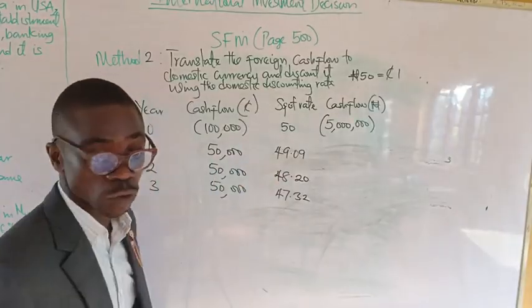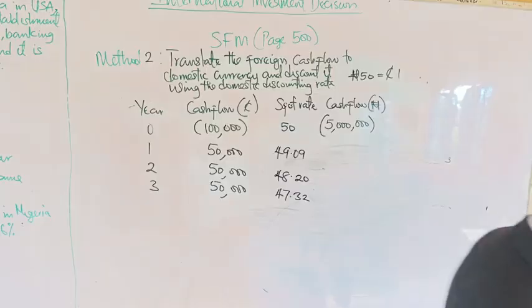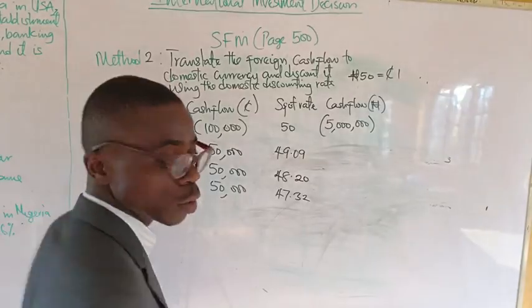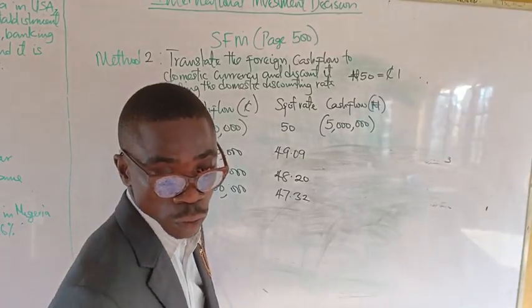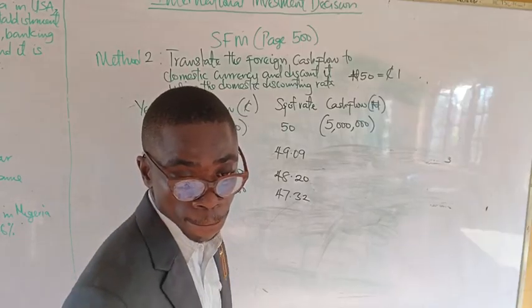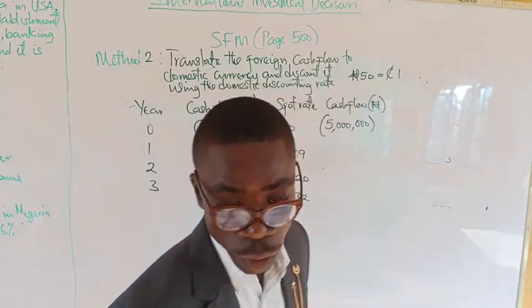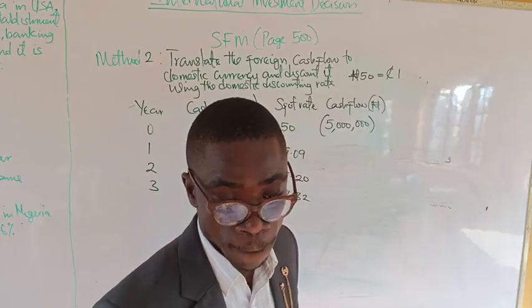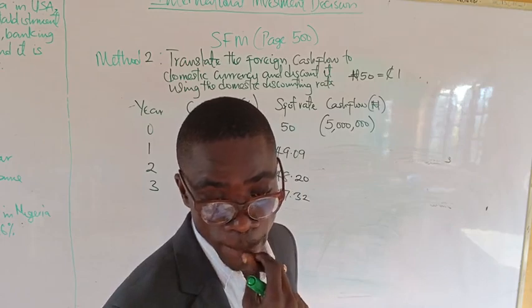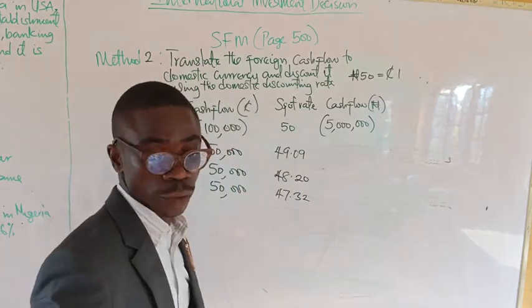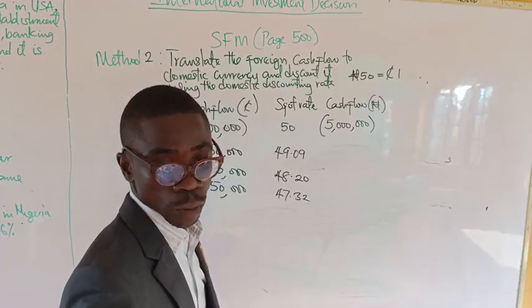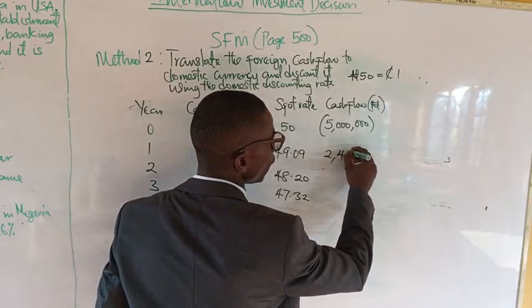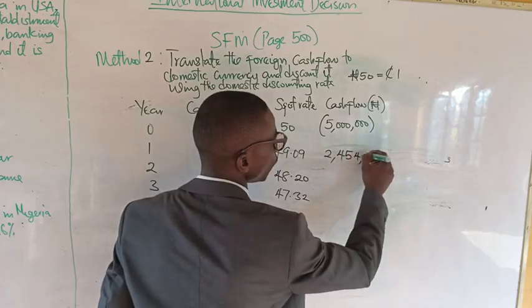So this time this will give us what? 2 million 4 5 500.